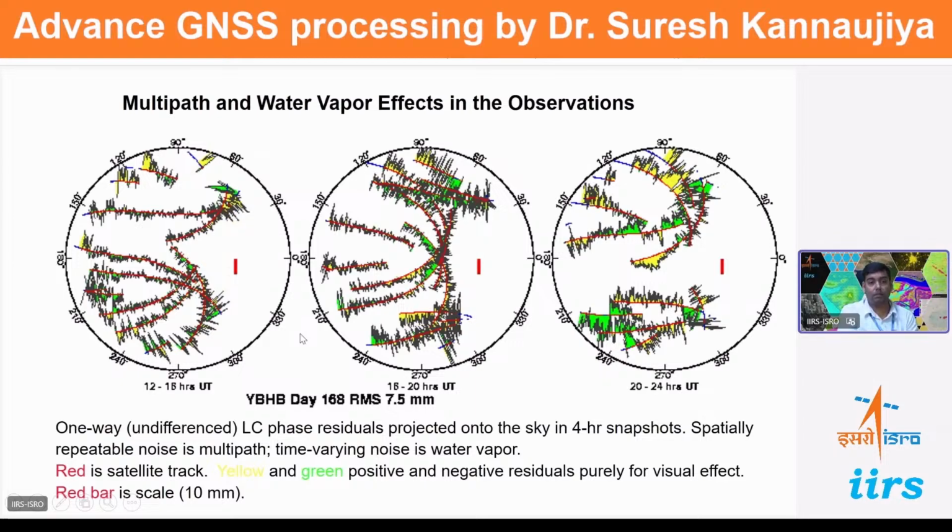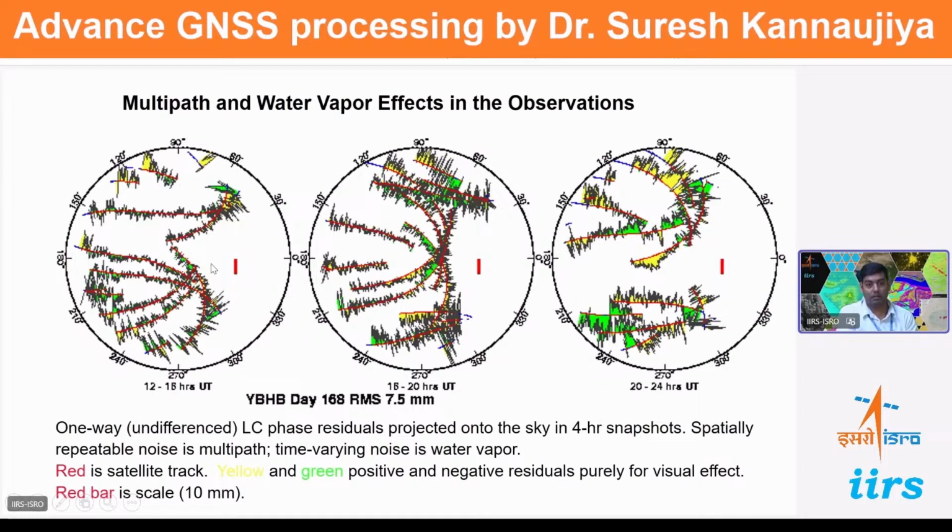And you can see here the multipath. So this is the scale, and this red curve is basically the variation. You can see the satellite track, and along this track how much multipath has been created.